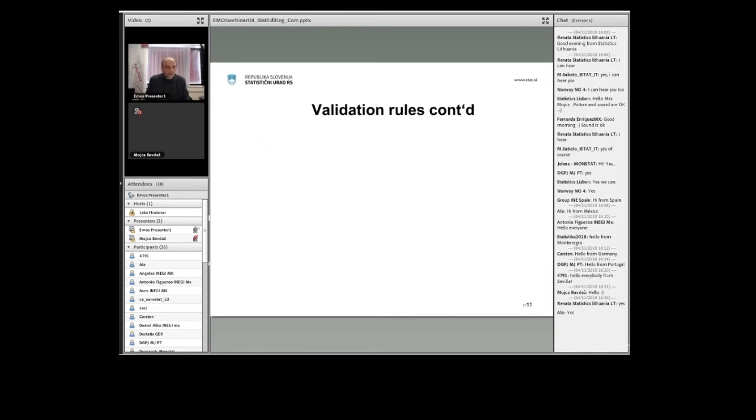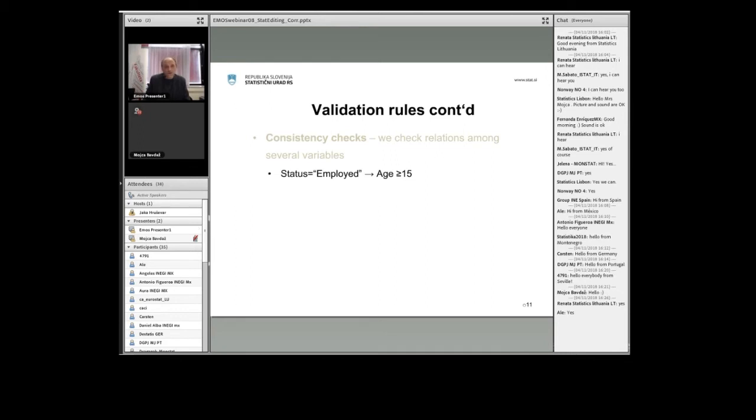The next group, which is perhaps the most common validation rules, are the consistency checks. We are now checking relations among several variables. Not just one variable, like in plausibility checks, but several variables. Let's say here one example from the survey of persons.